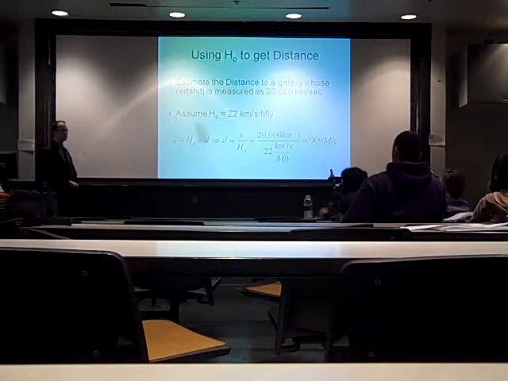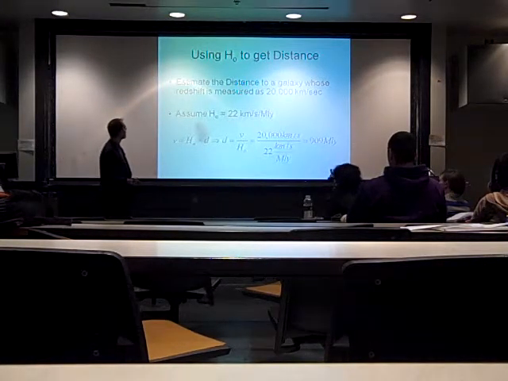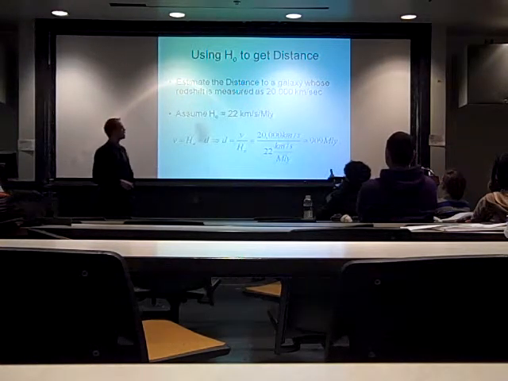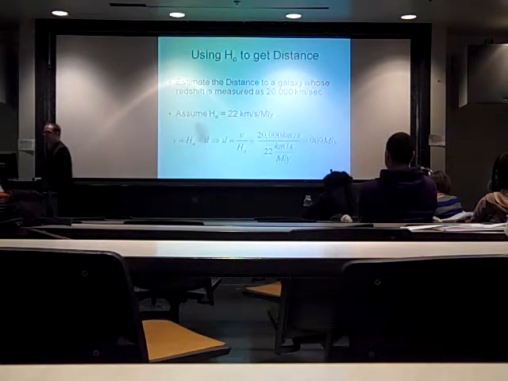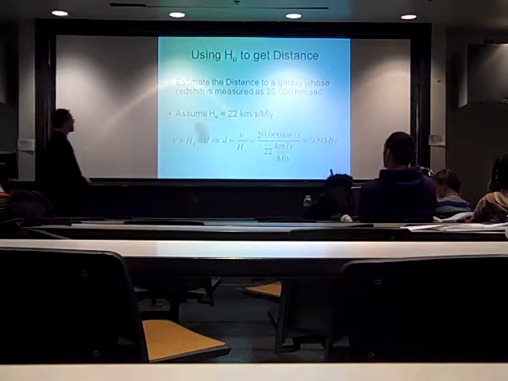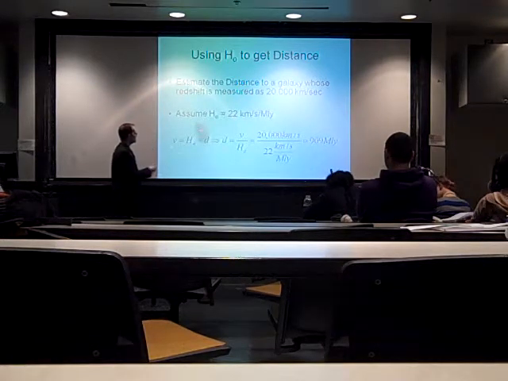Okay, so let's figure out how to use this formula. Let's figure out the distance to a galaxy whose redshift I measure as 20,000 kilometers per second. This object has a Doppler redshift of 20,000 kilometers per second. It's traveling away from me at 20,000 kilometers per second. That's not so high, that's fine, I can use that. I plug it into Hubble's law. I have to solve for d in this equation.